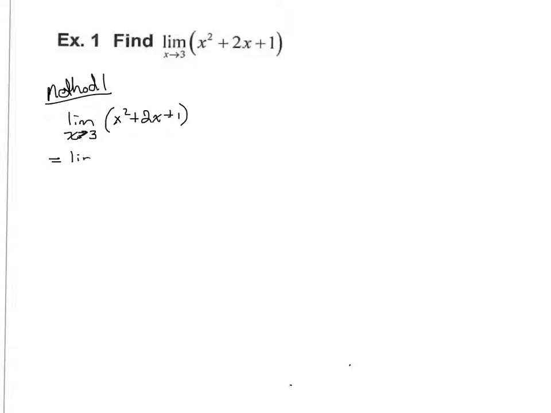If we notice, this is actually a perfect square, so we can write it as x plus 1 squared. And if we substitute in, if we approach 3 from both sides, we will get that value of 4 squared, or indeed 16.